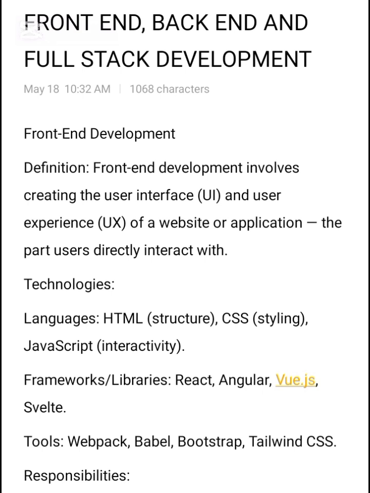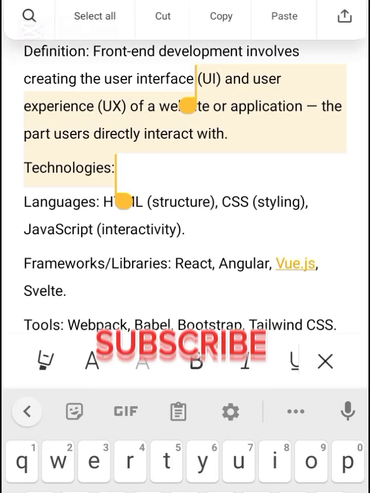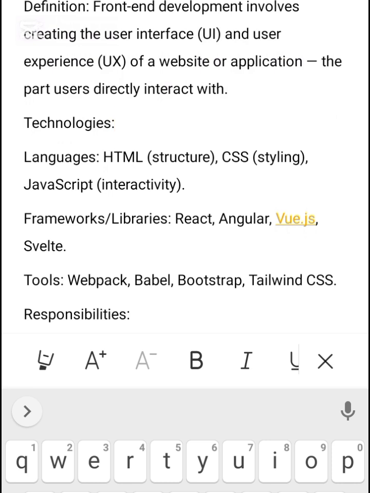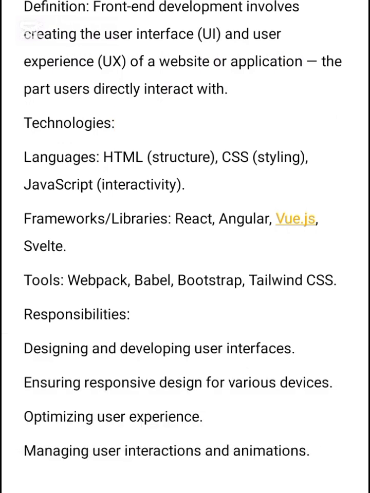If you have heard of UI UX development, UI means user interface. Take note, UI, user interface, and user experience of a website or application. The part users directly interact with. So I'm sure you're having a very clear understanding.